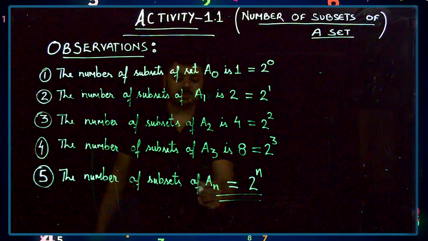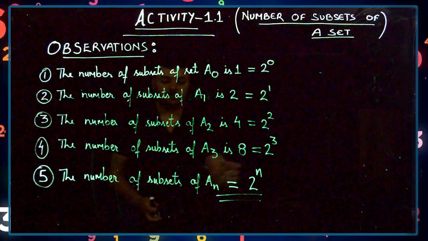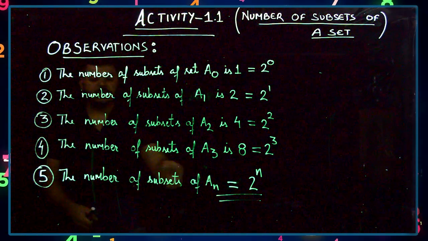So the number of subsets of An is equal to 2 to the power n, where n is the number of elements in set An.